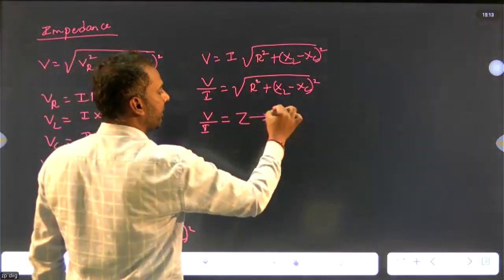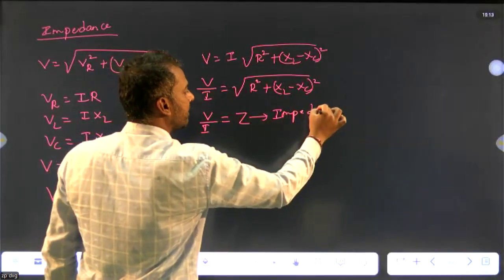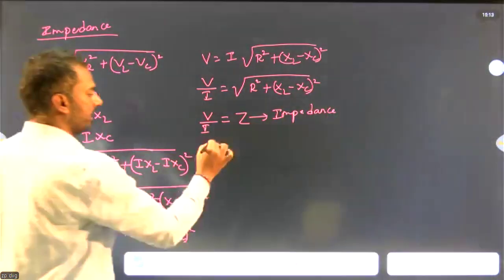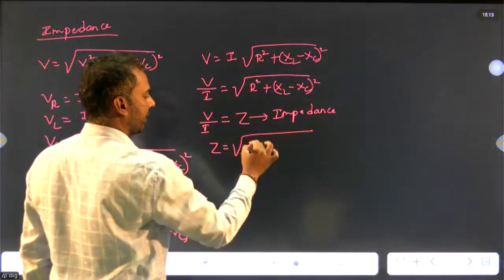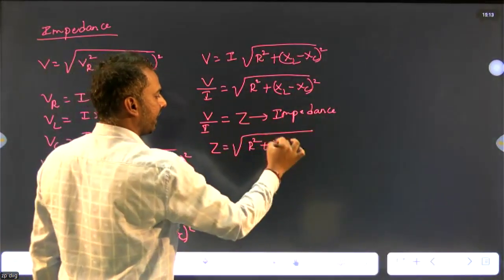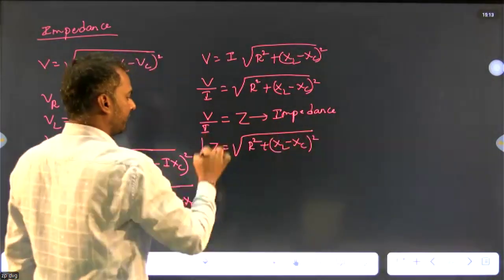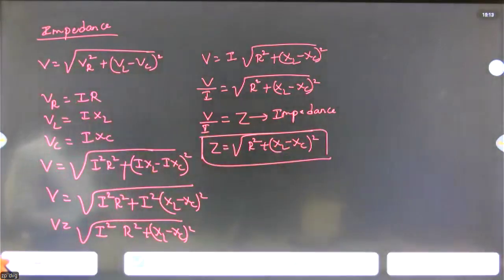That means the impedance of the series LCR circuit, Z is equal to the square root of R square plus (XL minus XC) whole square. XL means inductive reactance, XC means capacitive reactance, and R means opposition offered by the resistor.